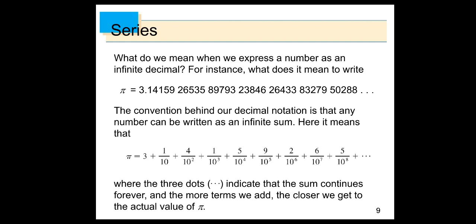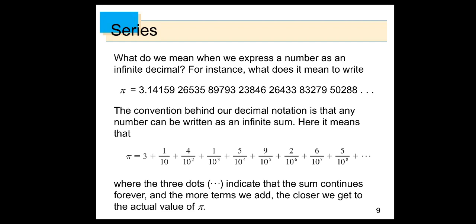So we can see that this is a series of infinite decimals. You can see over here, pi is equal to 3.14, and then there are continuous numbers over here, as it goes on forever, right? The convention behind our decimal notation is that any number can be written as an infinite sum.